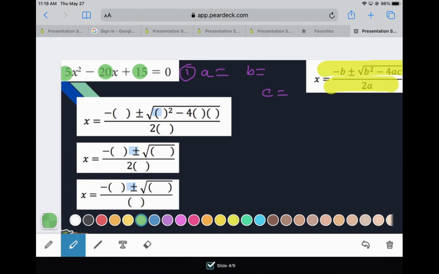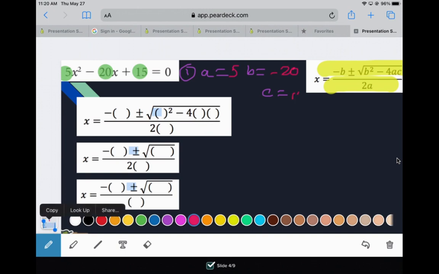It's really important you recognize A, B, and C. That's a very first step, and it's crucial that you recognize it, because you're going to use it for pretty much everything we learn in quadratic. If you still don't know what they are, I really want you to see me for help. Okay? Cool. Thank you. So it's 5, negative 20 and 15.